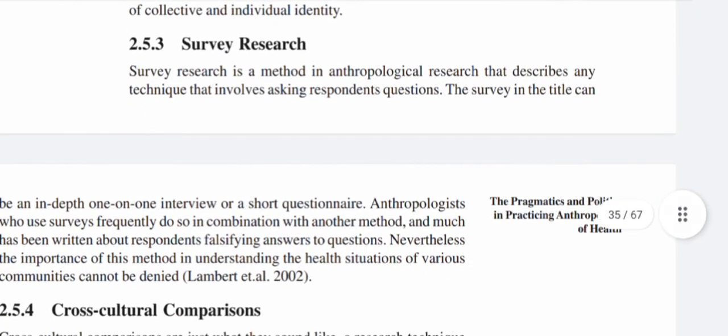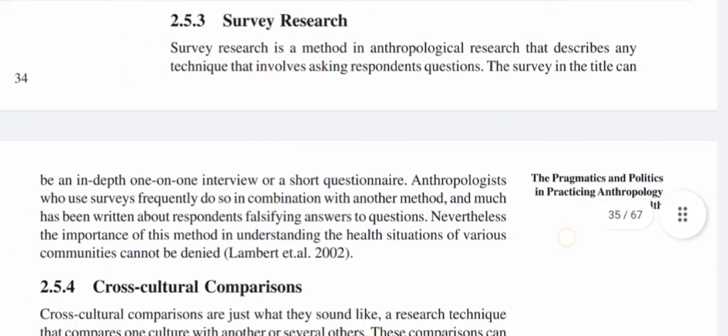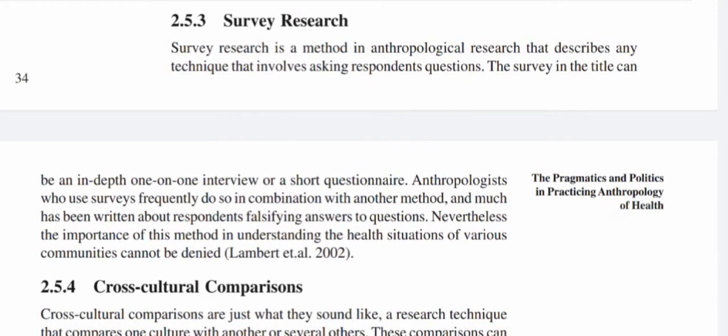Survey research. Survey research is a method in anthropological research that describes any technique that involves asking respondents questions. The survey in the title can be an in-depth one-on-one interview or a short questionnaire.